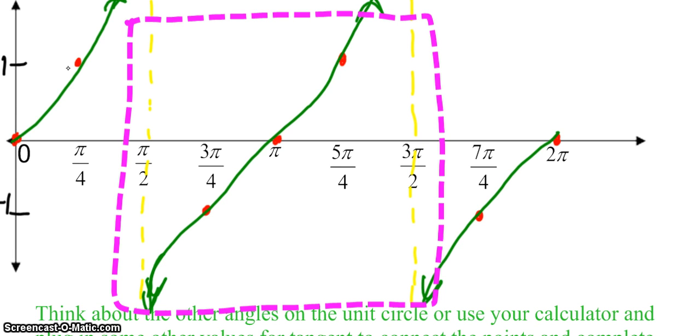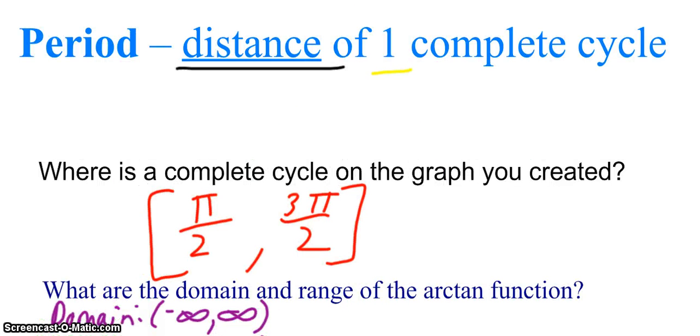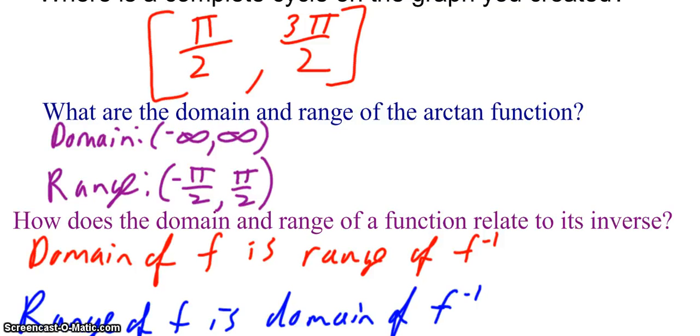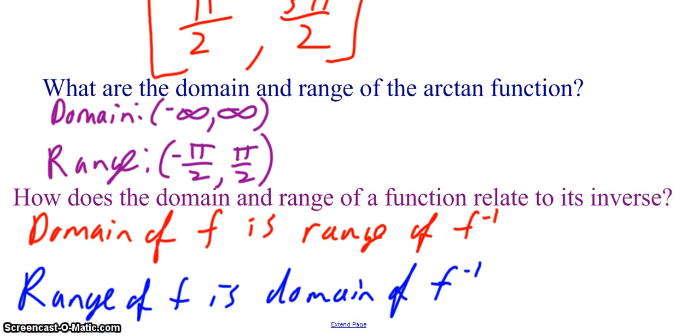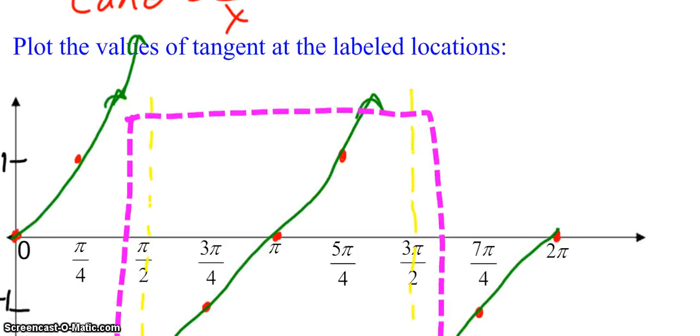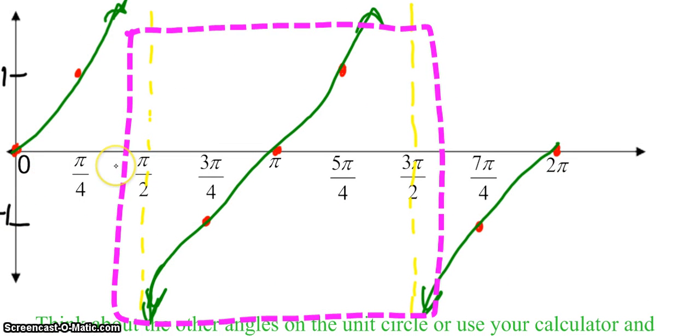However, this isn't where we want to say that it starts. The reason why is because we want to relate this to the arctan function. The arctan has a range of -π/2 to π/2, so for tangent, we want to be focusing on -π/2 to π/2.